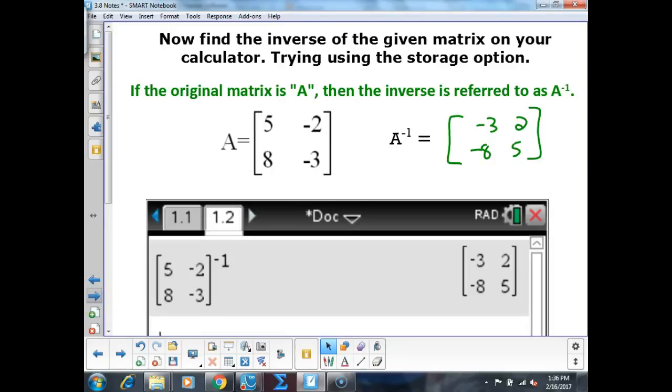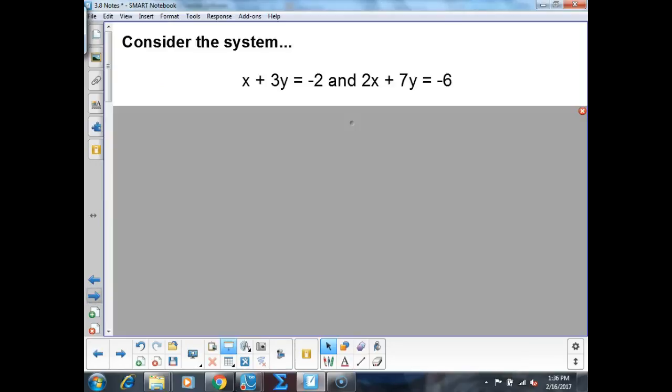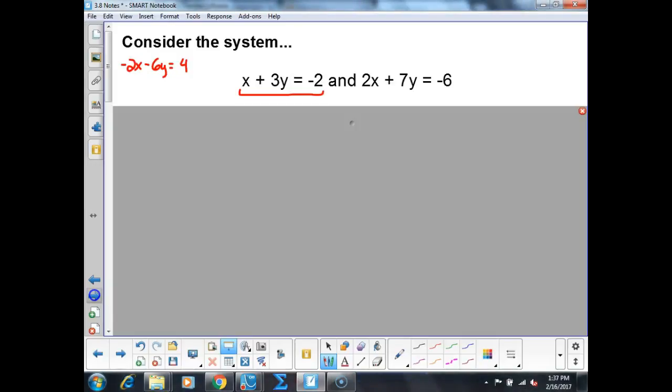Alright, let's put it to work. If I were to go about solving this system, I would probably multiply this left equation by -2, right? So -2x minus 6y equals +4. And then I'm going to add that to my other equation, 2x plus 7y equals -6.